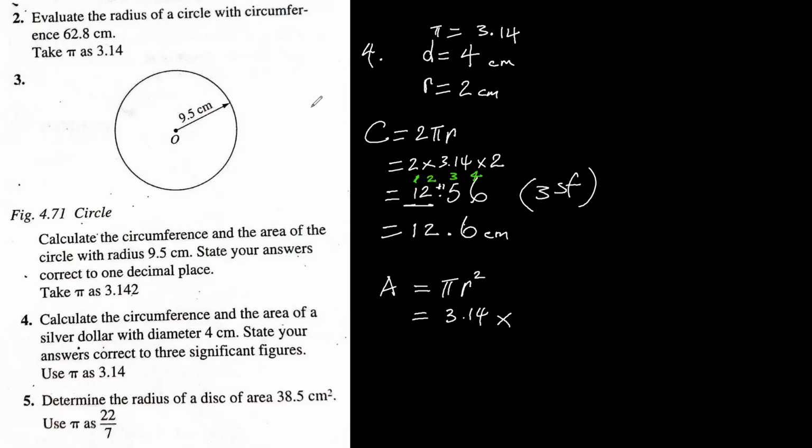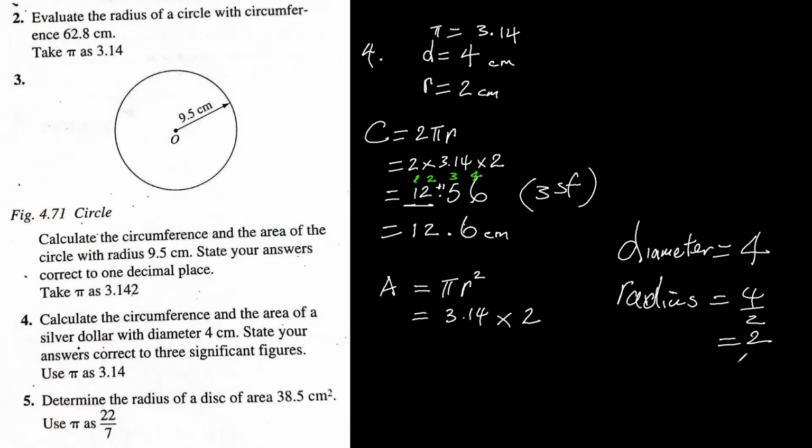And the diameter was what? 4. And half of 4 is 2. So the radius will be 4 divided by 2, because the radius is half of the diameter, which is 2. All right? You understand that?